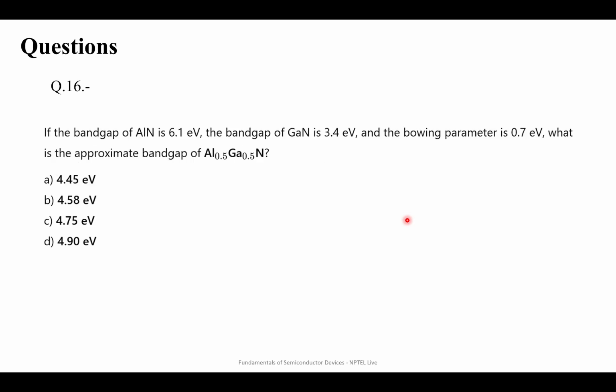Now, if the band gap of aluminum nitride is 6.1 electron volts, the band gap of gallium nitride is 3.4 electron volts, and the bowing parameter is 0.7 electron volts, what is the approximate band gap of aluminum 0.5, gallium 0.5 nitride? Option A, 4.45.